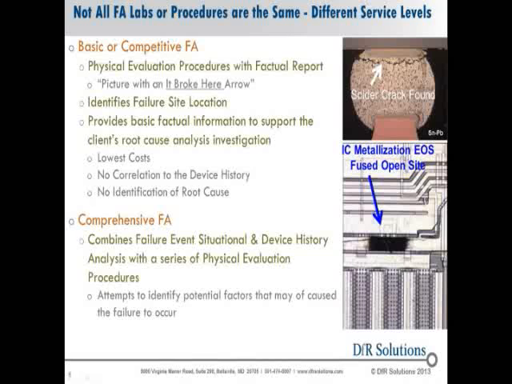Or we decapsulated the IC and found an electrical overstress where the metallization fused into an open circuit. So they will tell you here is the failure, but it'll be classified as something very generic like solder crack or electrical overstress.